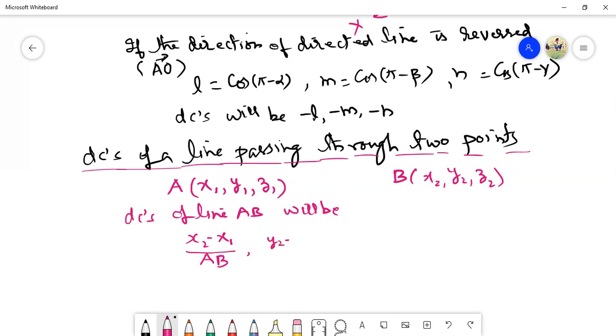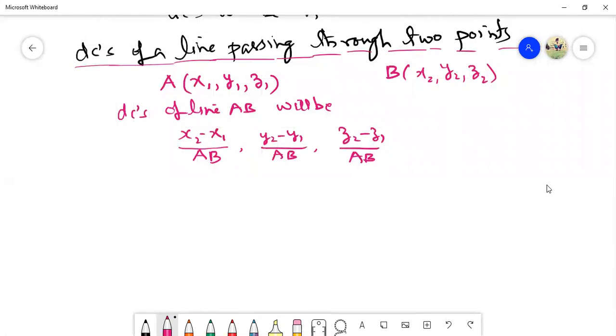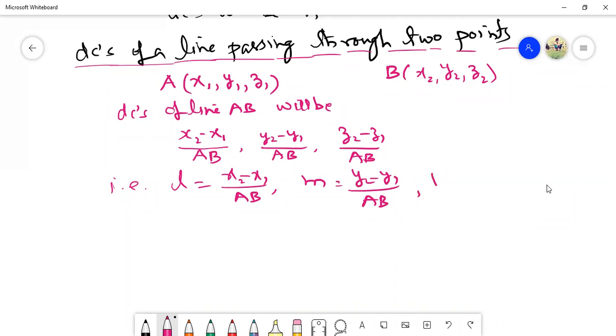That means l, m and n are these: l will be equal to x2 minus x1 upon AB, m will be equal to y2 minus y1 upon AB, and the third DC n will be equal to z2 minus z1 upon AB, where AB is the distance between the 2 points.